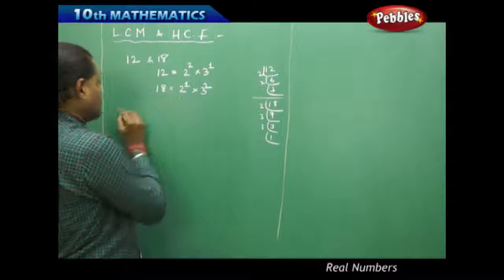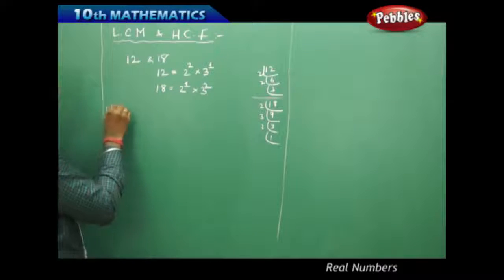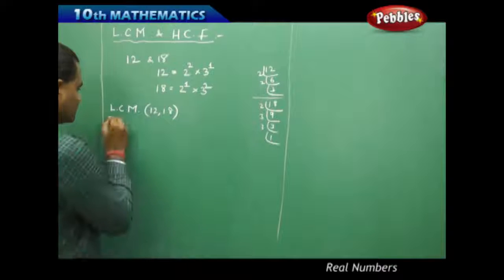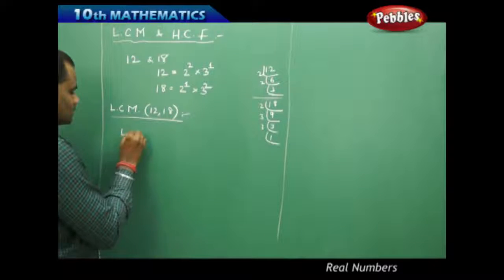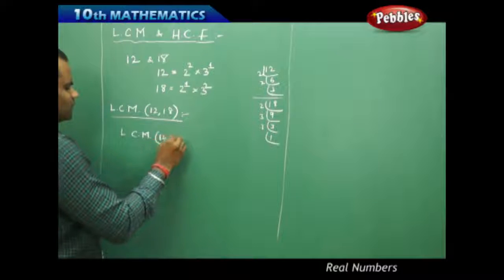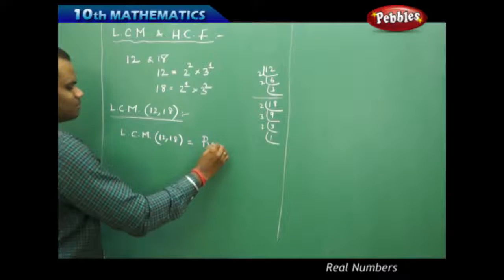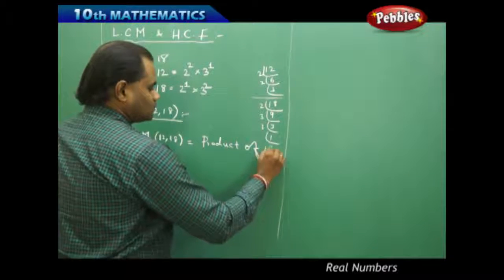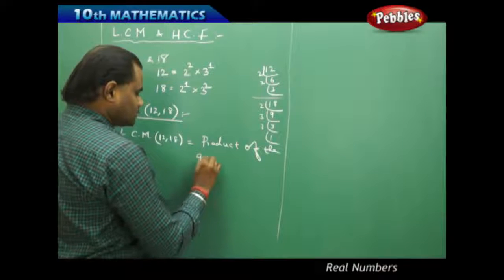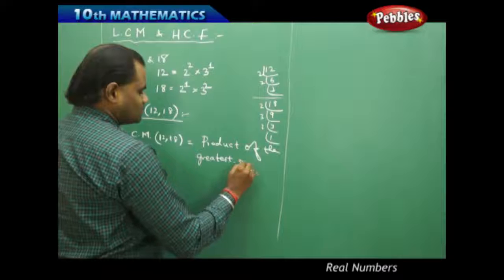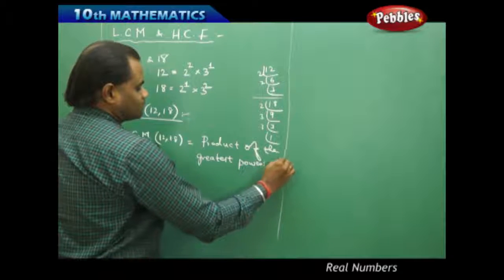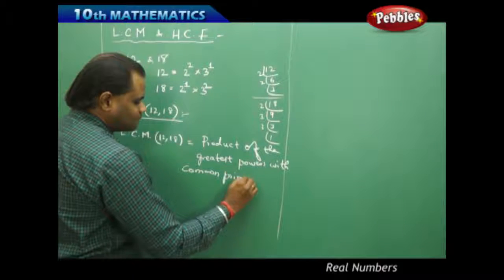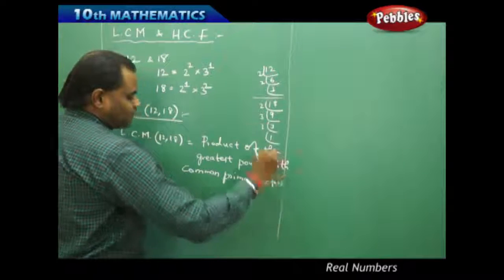Now with these two, if I wanted to find the LCM of 12 and 18, I use the method where the LCM of 12 and 18 is nothing but the product of the greatest powers with common prime factors.